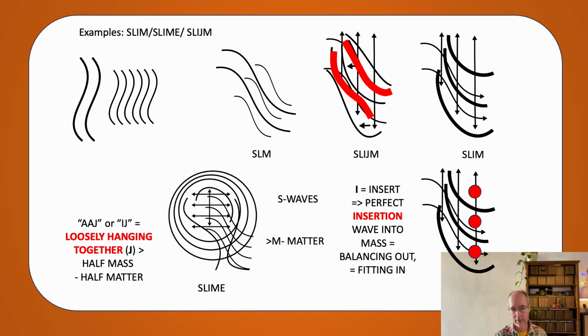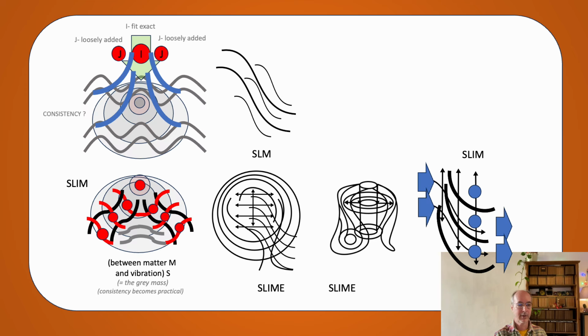That's another weird thing. So in between mass and waves we have SLIM, and that I have to explain a bit better. So here I have this consistency. If I really focus only on the consistency, we know SLIM will actually be a perfect balance between matter and vibration.